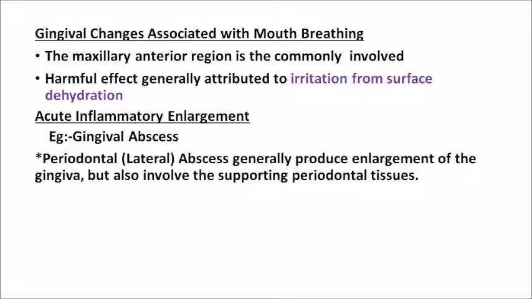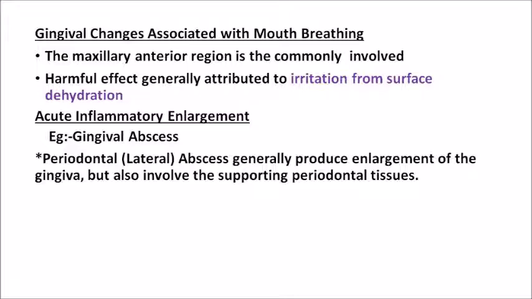The maxillary anterior region is the most commonly involved area, and the harmful effect is due to irritation from surface dehydration. When there is mouth breathing, there is dehydration from the surface of the gingiva, and this is causing this chronic inflammatory enlargement. The next is acute inflammatory enlargement. What is the example? It is gingival abscess.